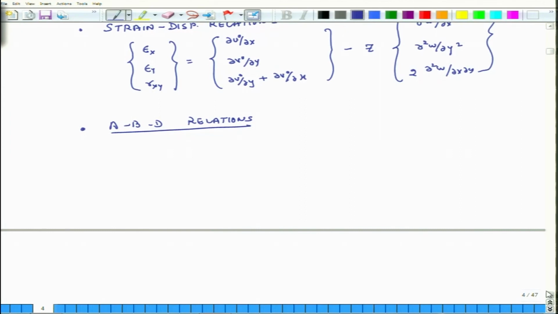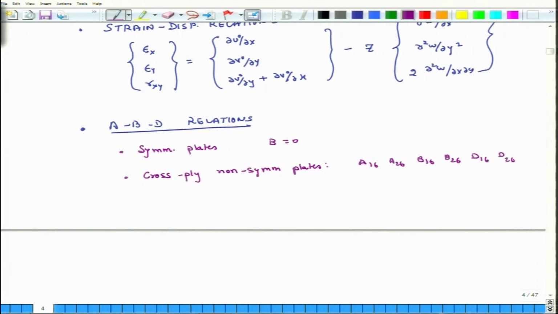Okay. So, if the plate is symmetric, so we will quickly cover some of the scenarios for symmetric plates, B is equal to 0. For cross ply but non-symmetric plates, A16, A26, B16, B26, D16, D26 are 0.